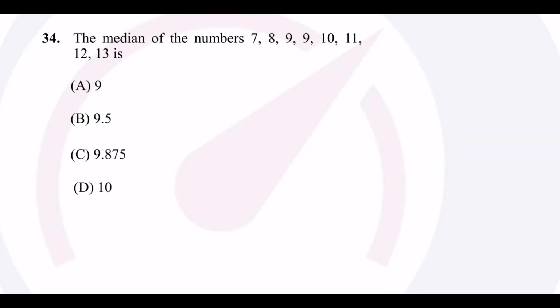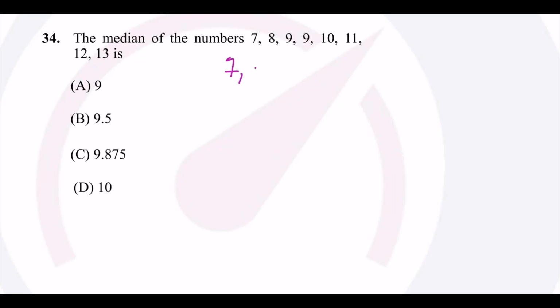Question 34, the median of the numbers 7, 8, 9, 9, 10, 11, 12, 13 is... Now this question sort of made it easier, because when you're finding the median of unorganized data, you normally put it in ascending or descending order, and this automatically did it for us.